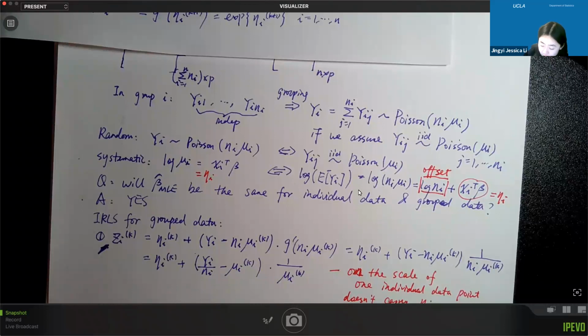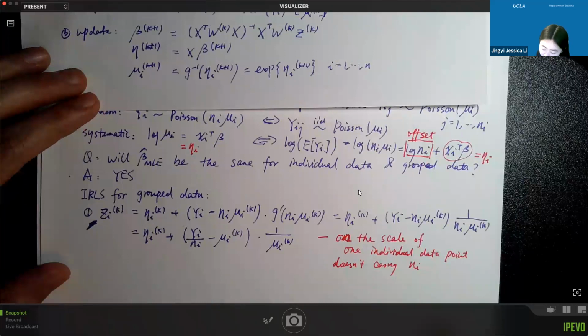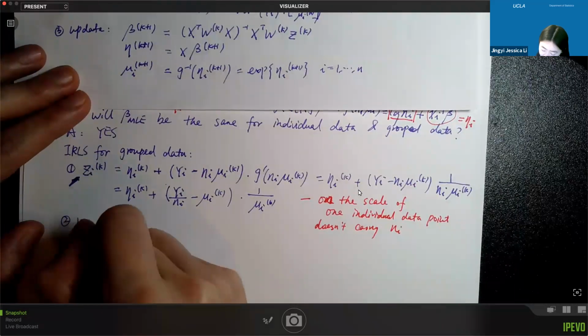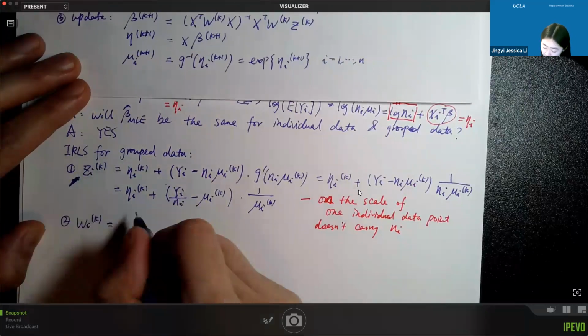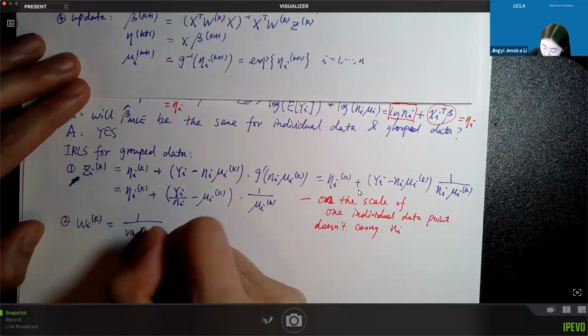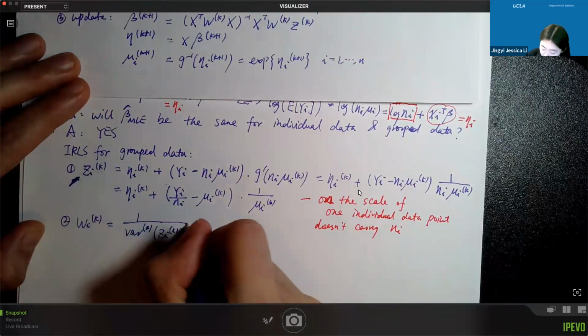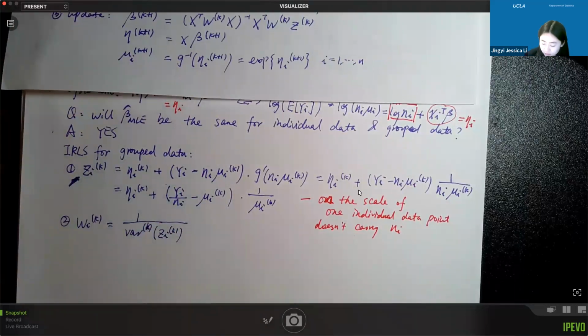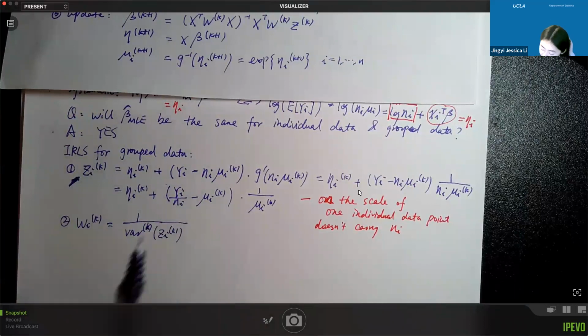Now let's look at the weight. The weight is something interesting. For the weight, w_ik, still it's 1 over the variance of z_ik, for the current parameters. So now we see what's in the random variable. The second term is random. The first term is not regarded as random.